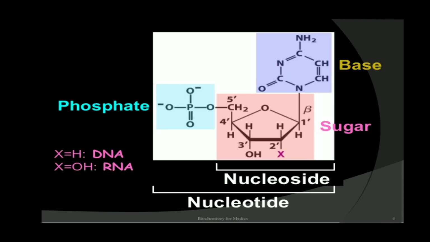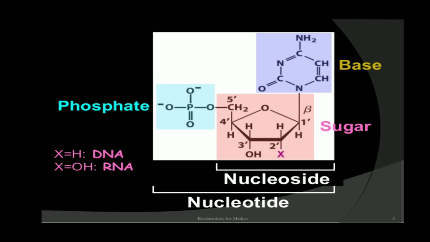Here in this structure you can find the nitrogen base, sugar, as well as the phosphate group. There are different kinds of nitrogen bases, but generally we will just consider a nitrogen base here. And this is the sugar. If it is found in DNA, it will be deoxyribose sugar, and if found in RNA, it will be ribose sugar.